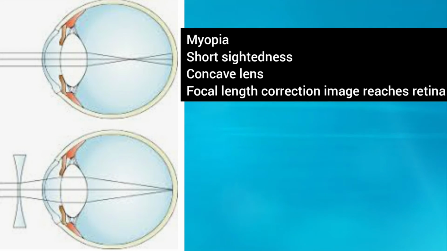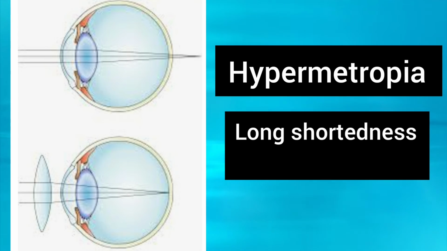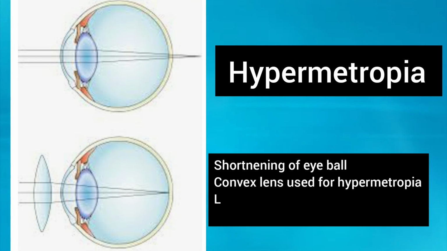Next one is hypermetropia, or long-sightedness. This occurs due to the shortening of the eyeball. Objects in the distance can be clearly seen, but nearby objects cannot be seen clearly.